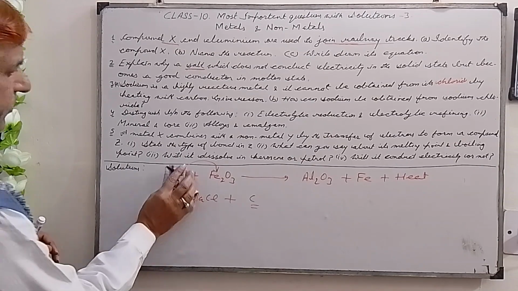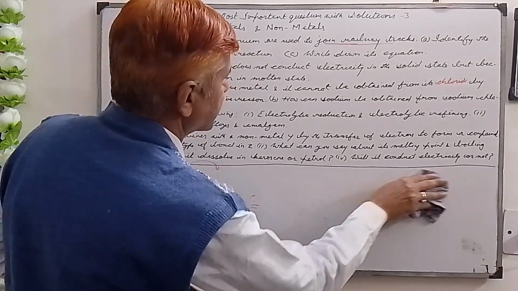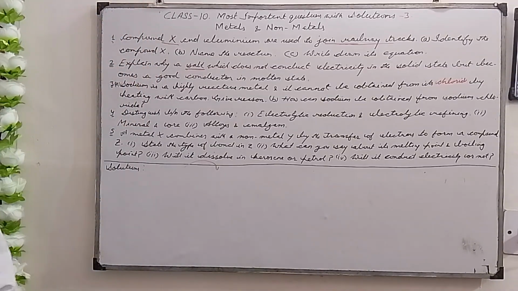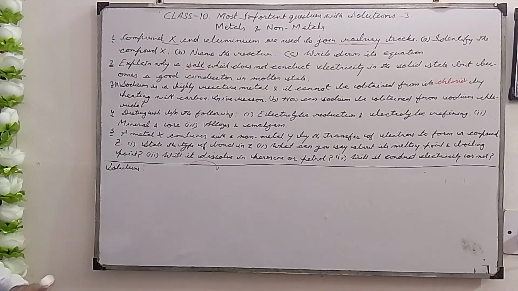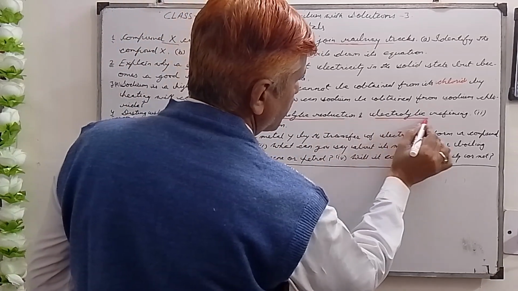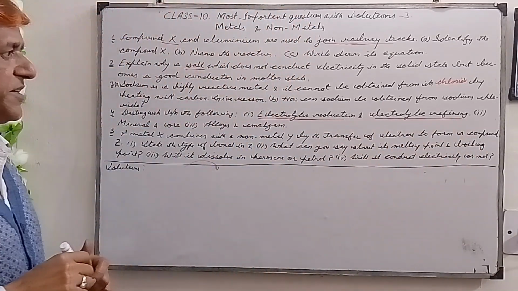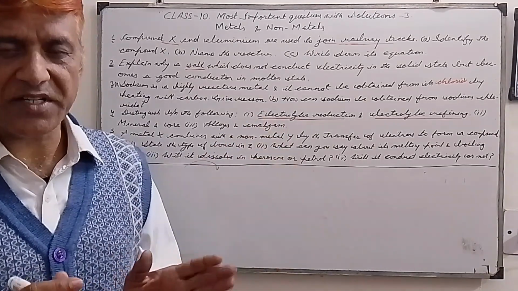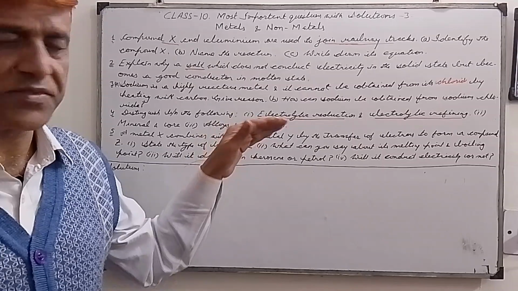Distinguish between the following. Number 1 is electrolytic reduction and electrolytic refining. So what is electrolytic reduction? My dear students, you know very well that we have metals which lie at the top of the reactivity series.